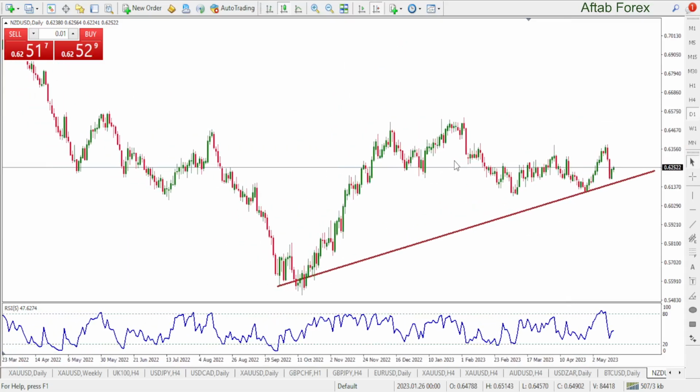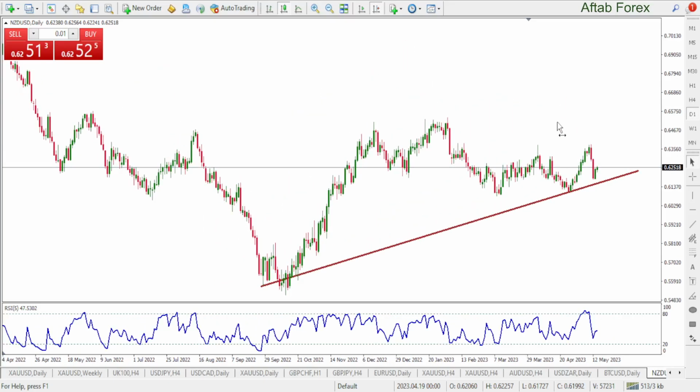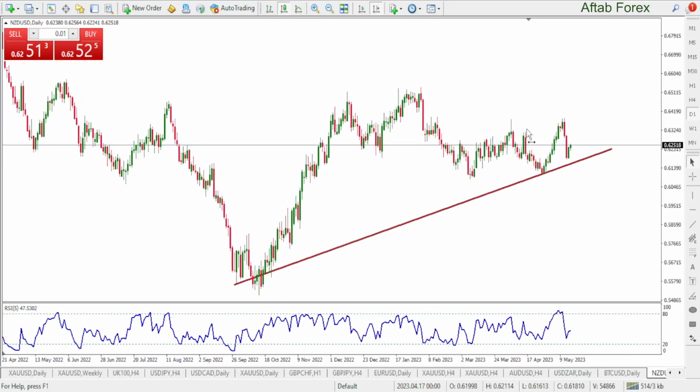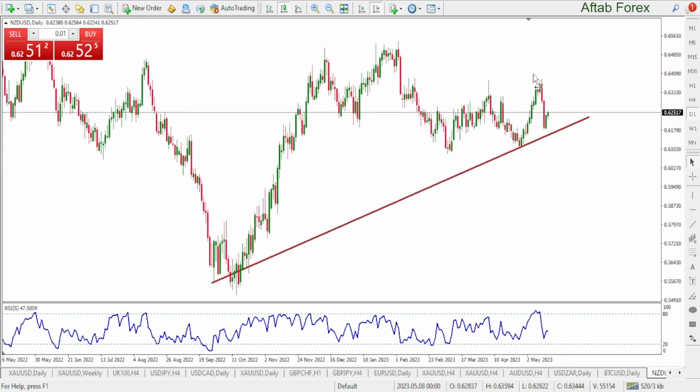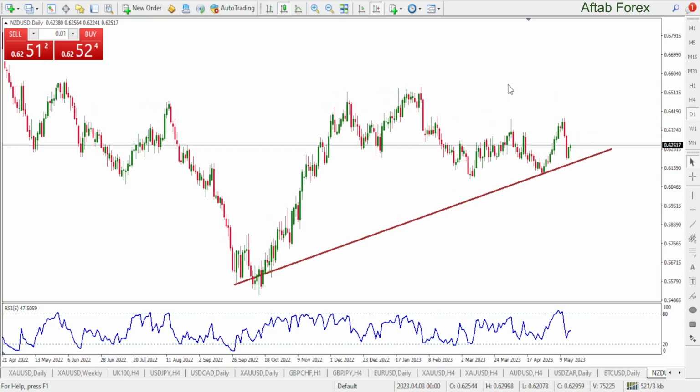Secondly, I have discussed support and resistance, and if you want to watch that video, you can find the link in the description. The other things, like double top, bottom, and price action, I usually discuss in the live stream. So I'm sure you have an idea, but if you have no idea of these concepts, you can ask me in the comment section, and I will make separate videos on this topic.